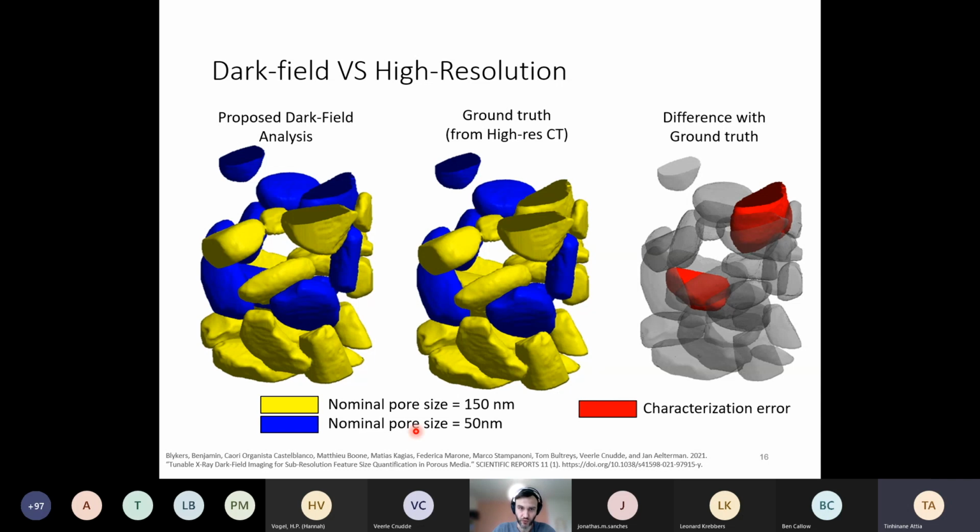And we were able to reveal what particles are corresponding to what original pore size with very high accuracy. So on this slide, you see the result of that experiment, where in the center you see a characterization based on very high resolution CT. And on the left, you see the characterization based on this dark field analysis. And on the right, you see the difference. So it was a 90% accuracy.